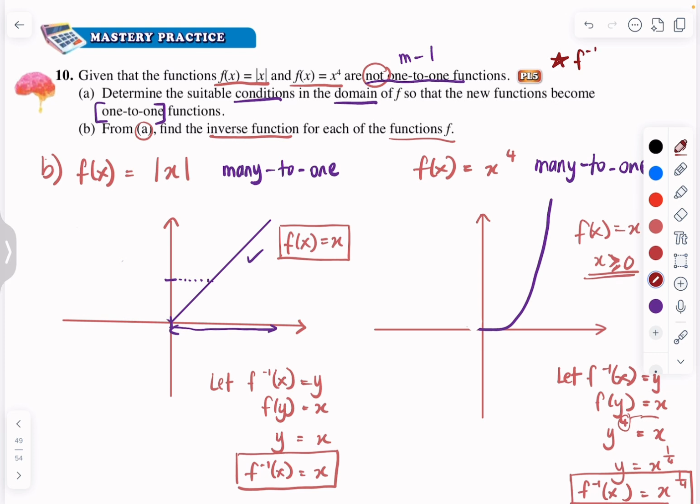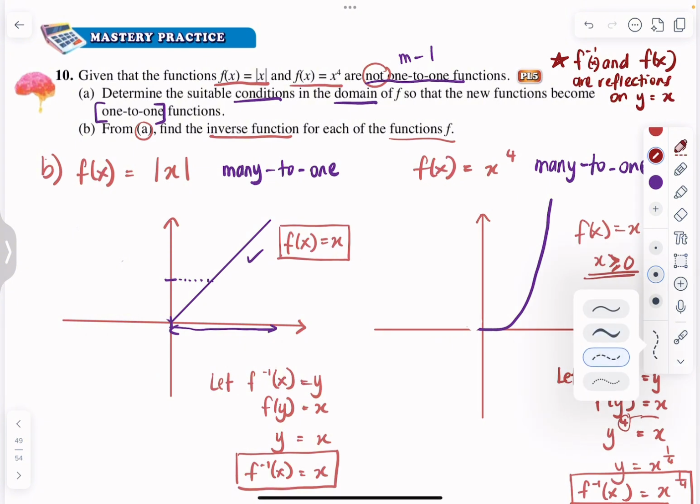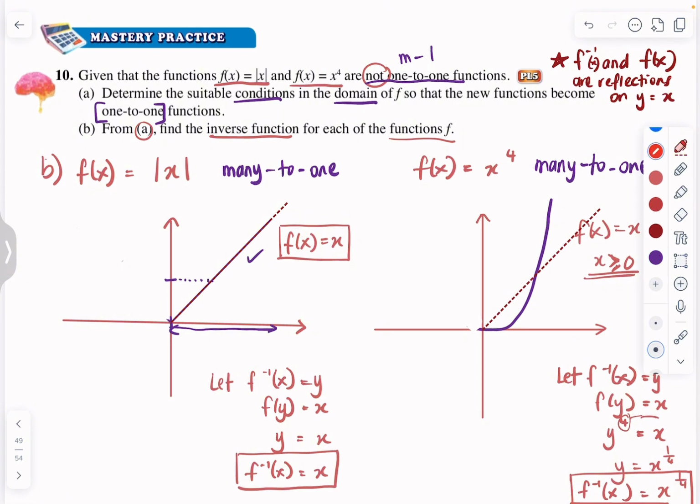So f inverse x and f(x) are reflections of each other on the y = x axis. So if you want to find the inverse function of this, you have to reflect it on the y = x axis. If you reflect the line, it will still stay in the same place. But here, if we reflect on this line, our graph is going to look something like this.